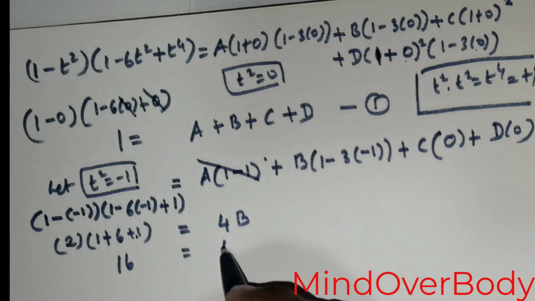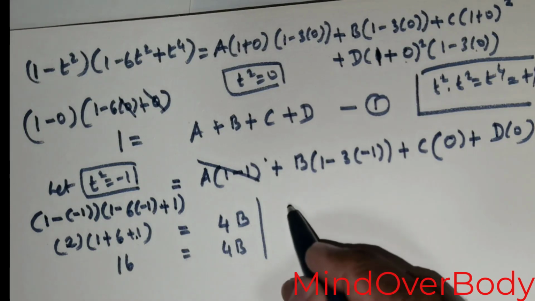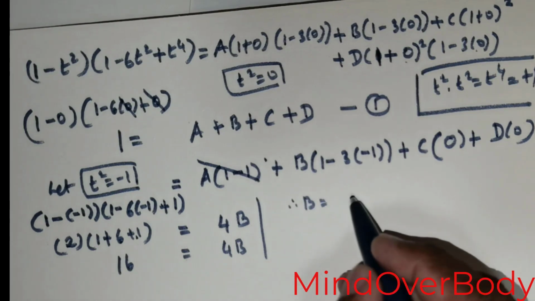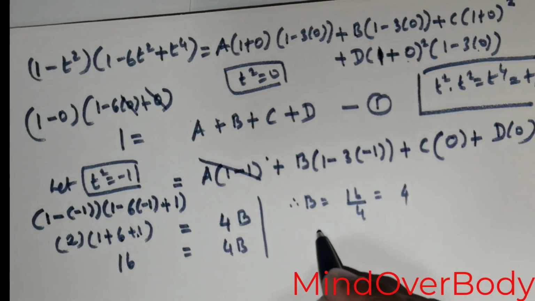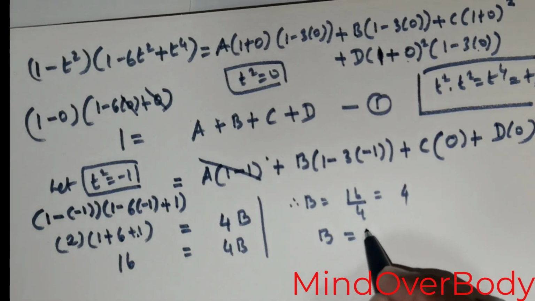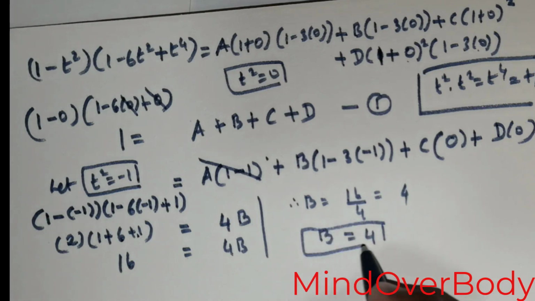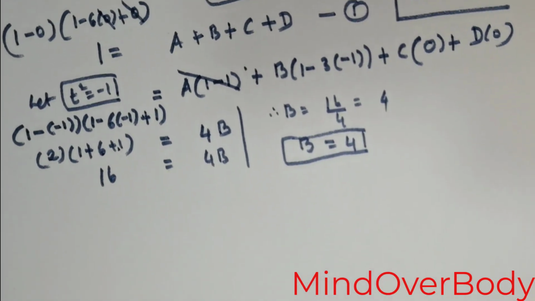So b would be equal to 16 over 4, which is equal to 4. So the value of b is 4 here. That is the first value we have got.